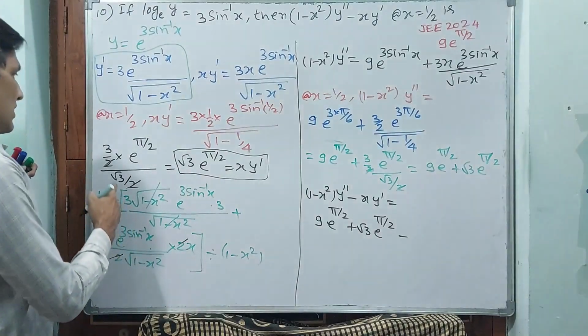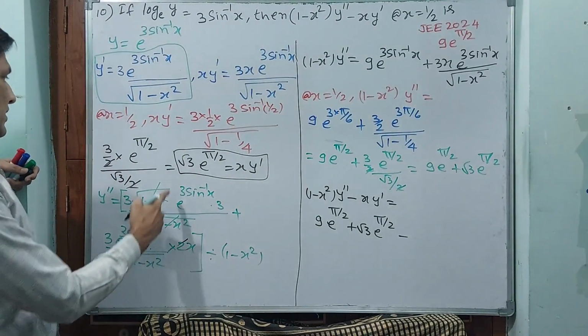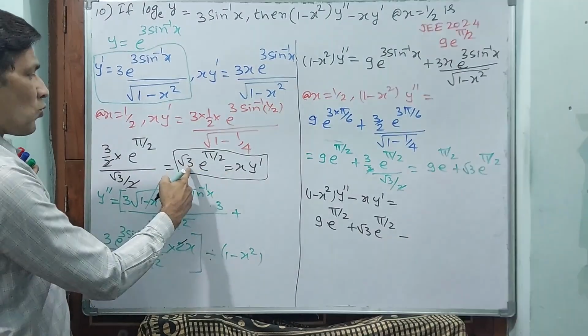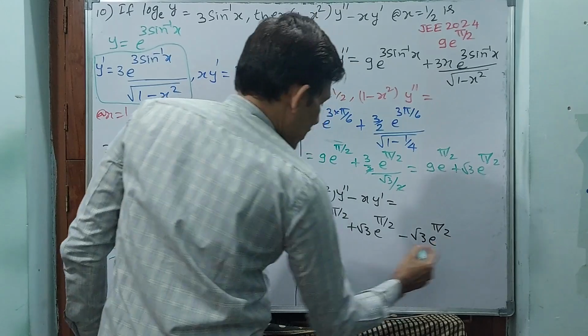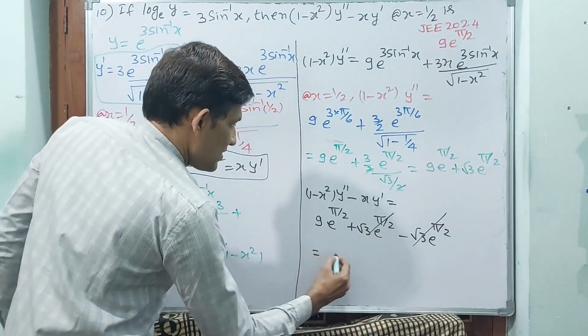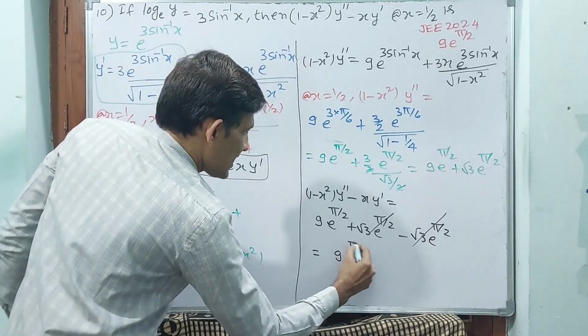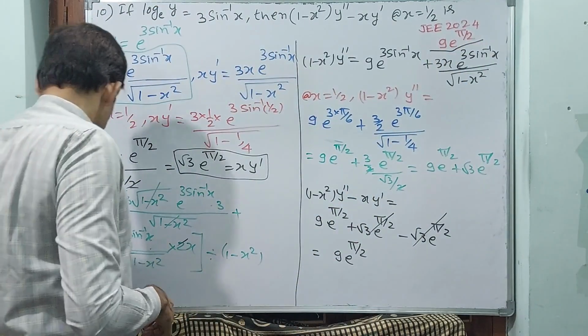Final answer is where? Here. X y dash is root 3 e power pi by 2. Now you tell me, plus root 3 e power pi by 2 minus root 3 e power pi by 2 straight away going to get cancelled out. Final answer will be 9 e power pi by 2. 9 e power pi by 2 will be your final answer.